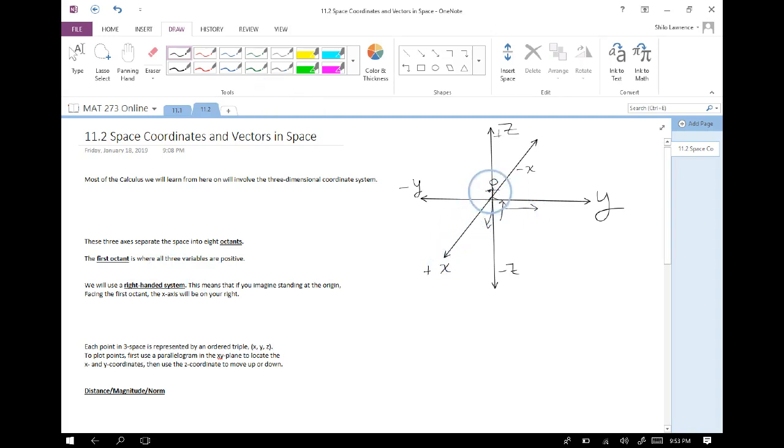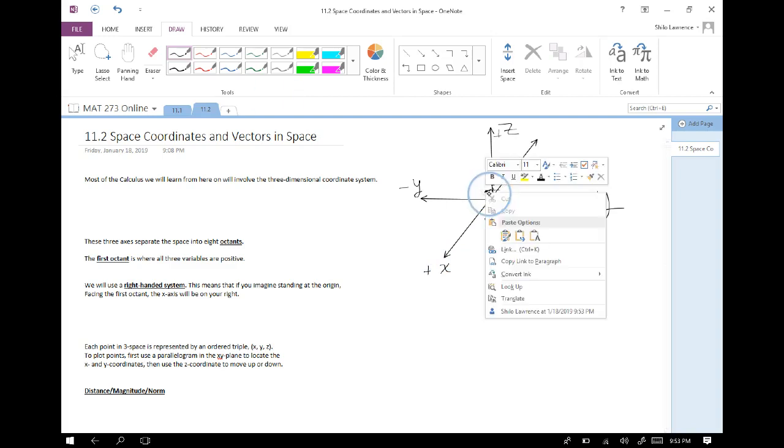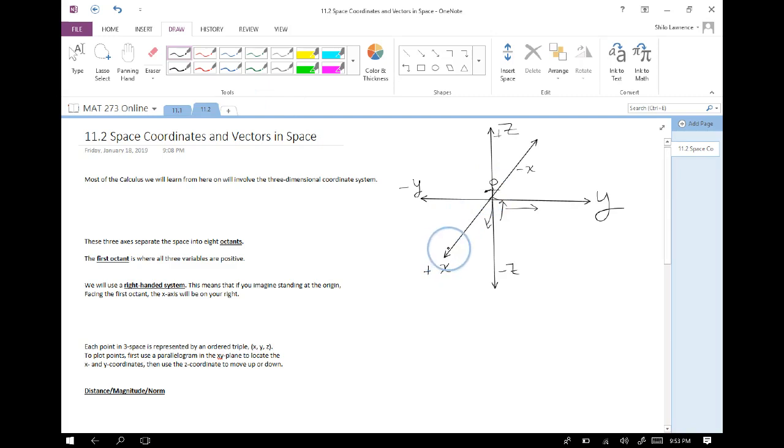So if you imagine my little stick figure here, his right hand is in the same direction as the x-axis over here on the right. And that's what makes this a right-handed system. If we were to switch the x and y axes, then it would be a left-handed system. But everything we're going to do this semester, we're going to have our 3 axes set up as a right-handed system.